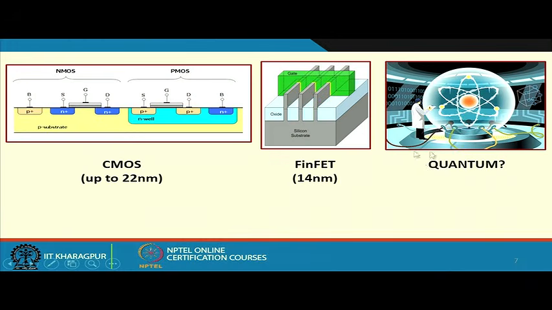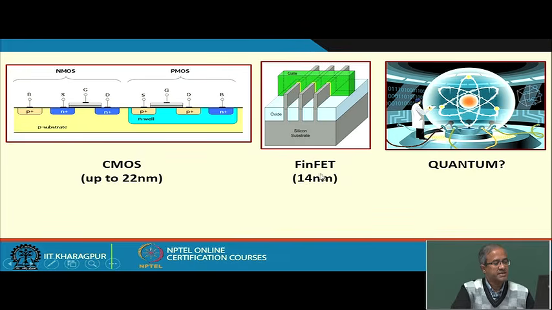So, FinFET can go down to much smaller feature sizes, and designs have been reported which have gone down to 14 nanometer, and very recently some communication chips from Qualcomm have been reported. They have used FinFET 14 nanometer technology.